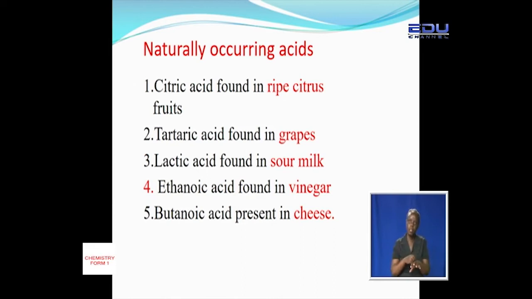Sour milk, the milk that we keep in our homes, contains lactic acid. Then vinegar, which we use in our homes, contains what? Ethanoic acid. And butanoic acid is found in cheese.